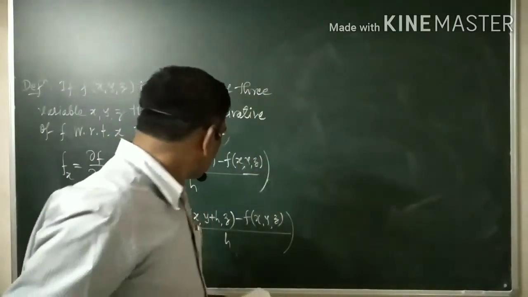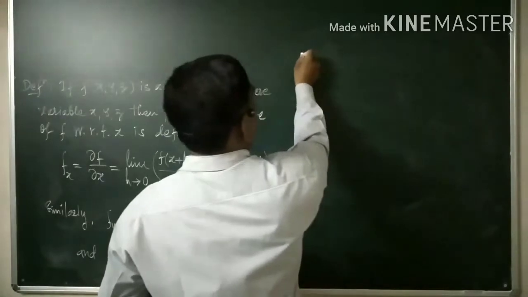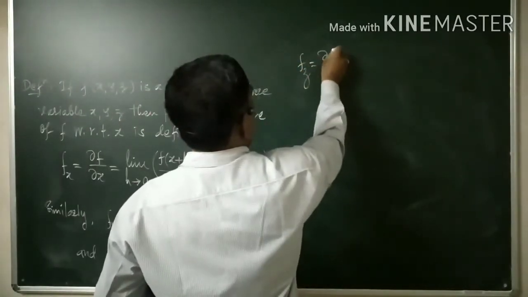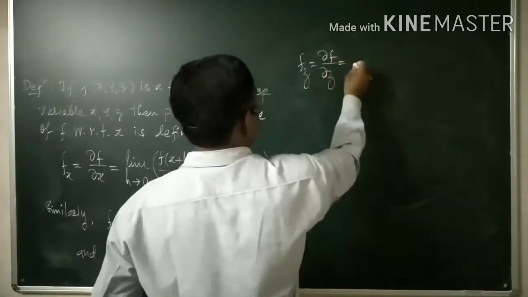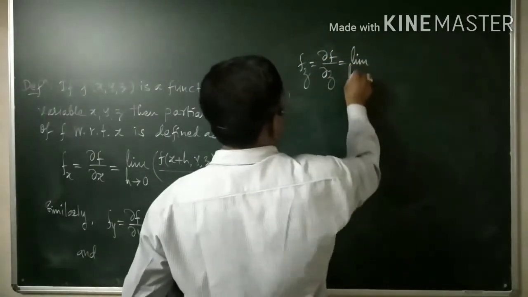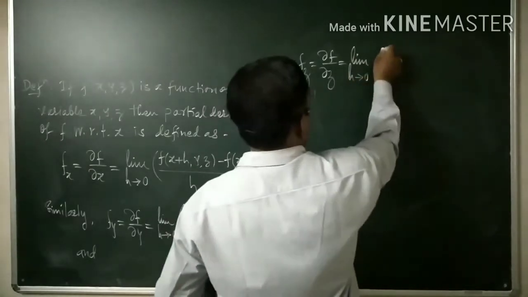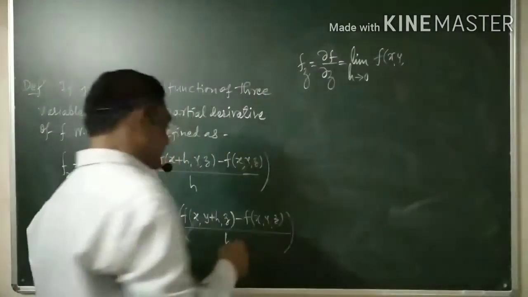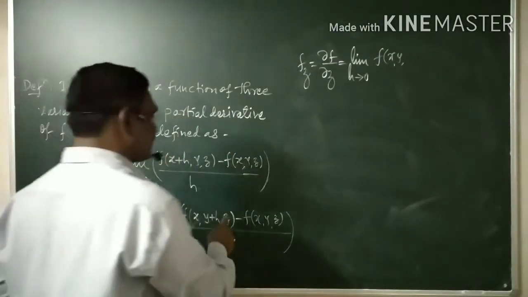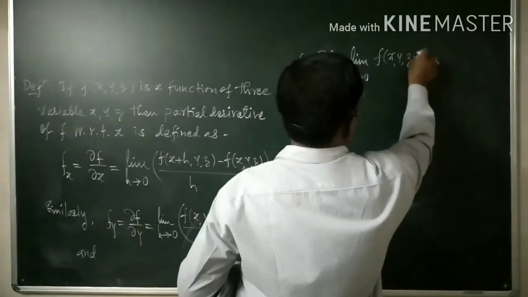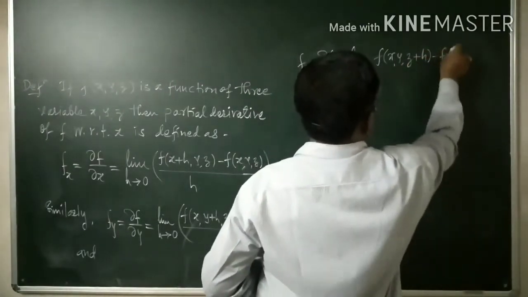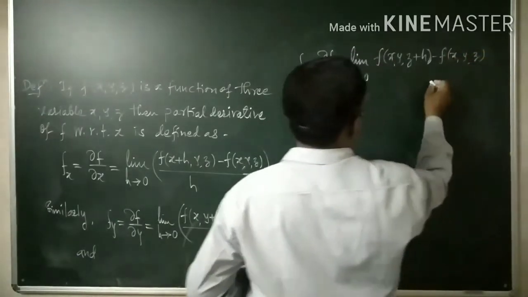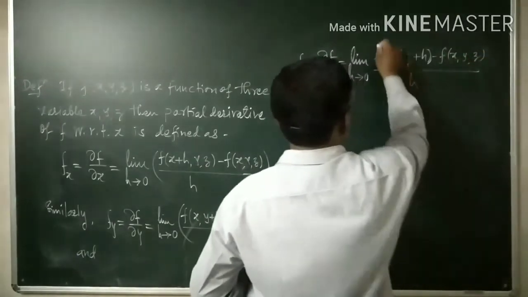Hence let us write fz, delta f by delta z, which is equal to, again, limit h tends to 0, f of x, y, where x and y are treated as constant and they change in z. Therefore f of (x, y, z plus h) minus f of x comma y comma z, the original function, divided by h.